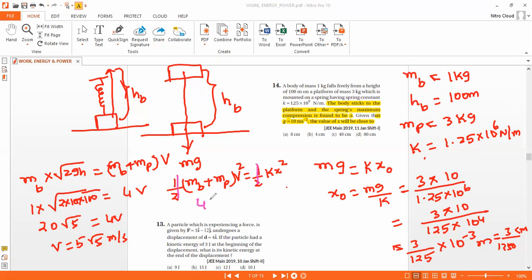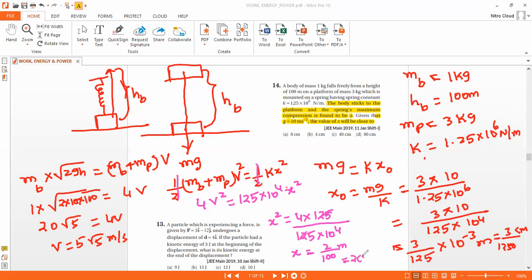So 4v square is equal to k, that is 125 into 10 power 4 times x square. So x square is equal to 4 into 125 by 125 into 10 power 4. So we'll get x equal to 2 by 100 meters, approximately 2 centimeters.